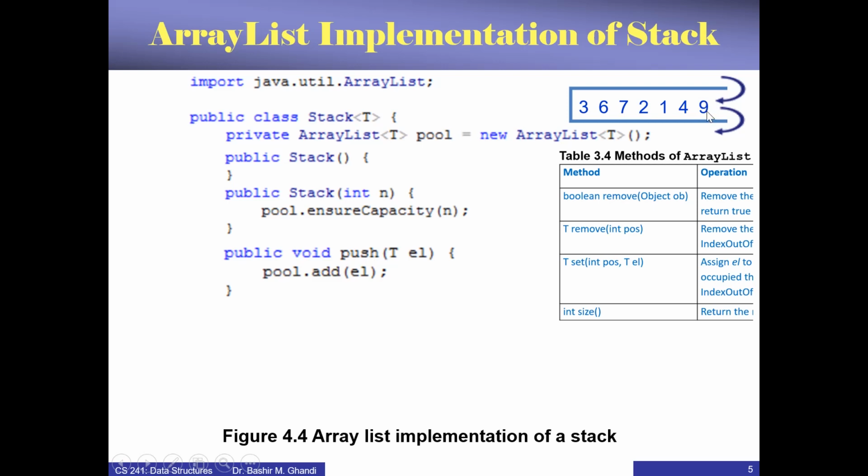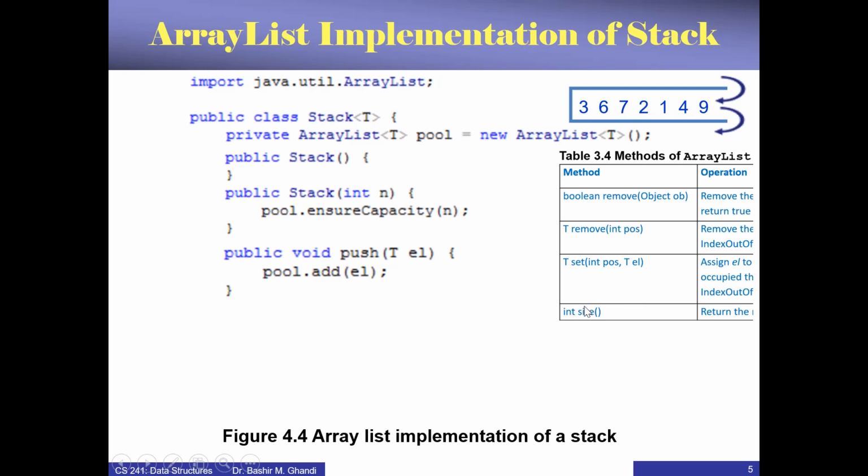What is the index of the last element? Well, the good news is there is a method size. If you call pool.size, it will tell you how many elements are in the list. And therefore, to know the index of the last one, just subtract 1. Because for example, here we have 1, 2, 3, 4, 5, 6, 7 elements.